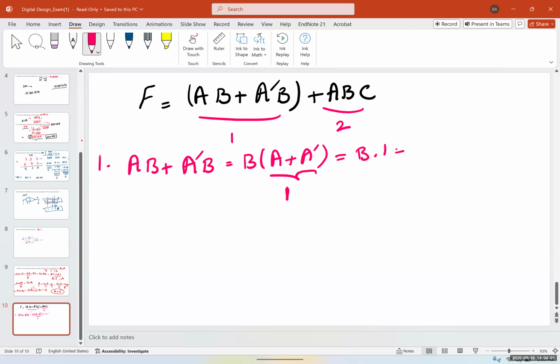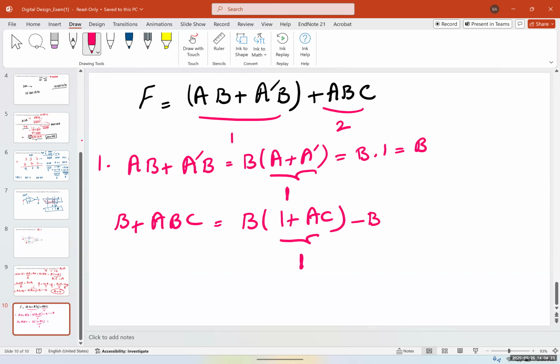Therefore, B times 1 is equal to B. Now I can write it like this, B plus ABC, or B times 1 plus AC. What is 1 plus any variable? It's going to be 1. Therefore, B AND 1 would be equal to B. The final answer would be equal to B.